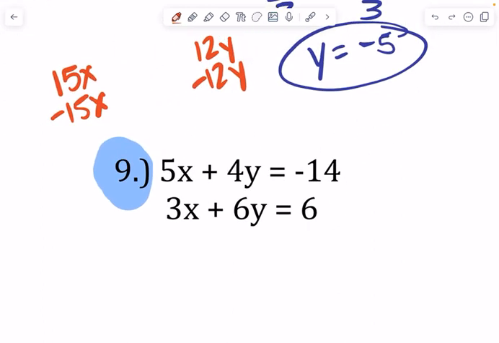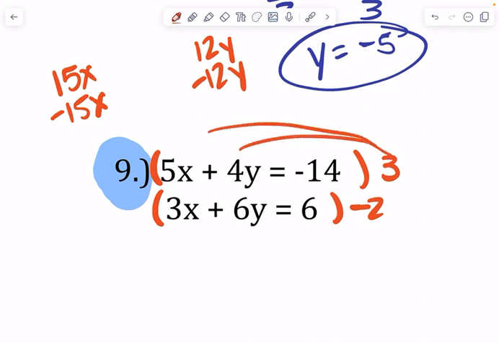We just need to multiply both equations and get two new equations to add together. So if we are trying to get 12 and negative 12, 4 times what is 12? 3. 6 times what is negative 12? Negative 2. So we are going to multiply both equations and get two brand new equations to add together.